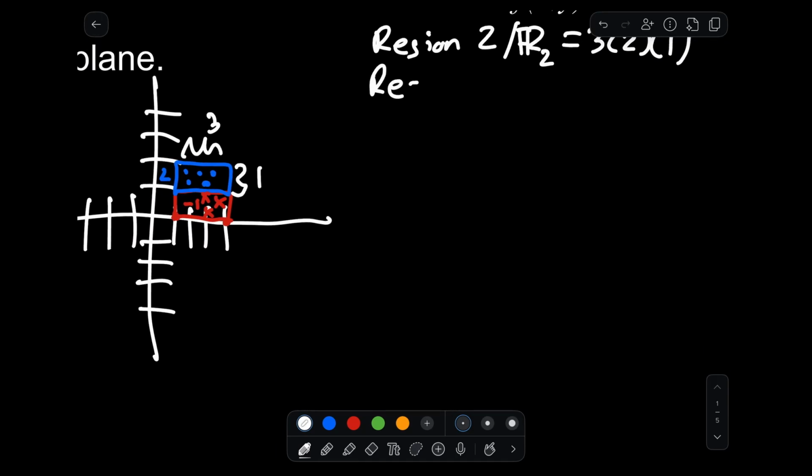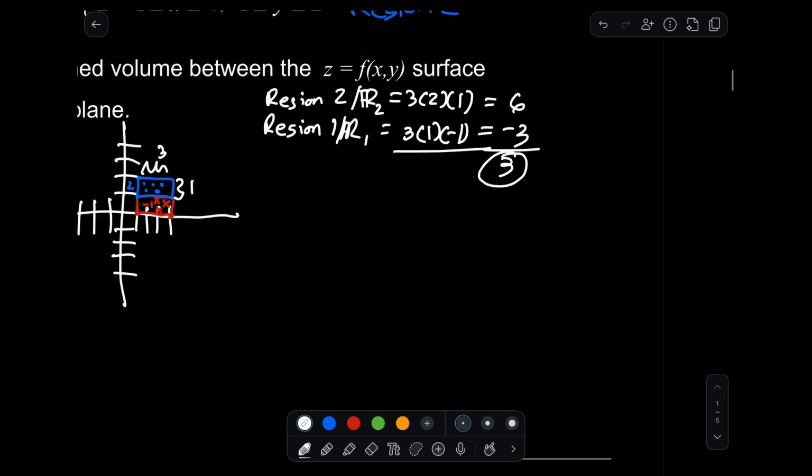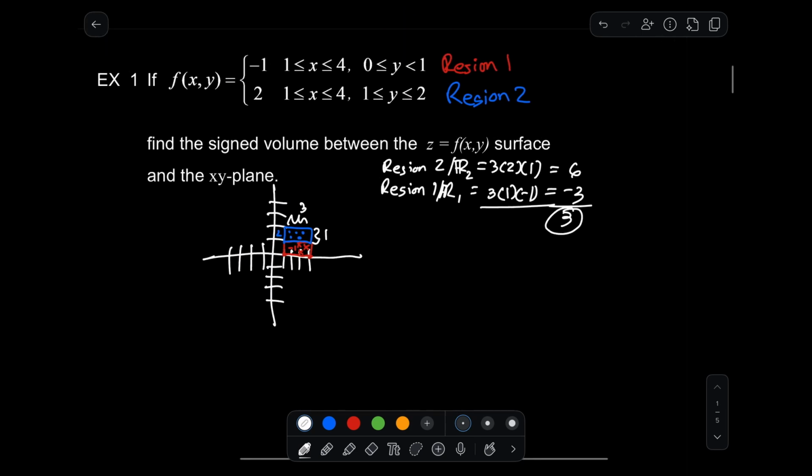We have region 1, R1, equaling, again, 3 times 1 times -1. And in this case, we would get 6 and -3. 6 minus 3 is 3, and that's our volume across this region. And that's the most fundamental basic version of it.